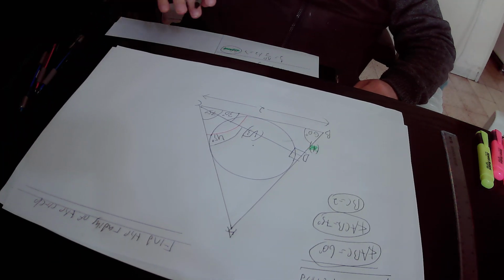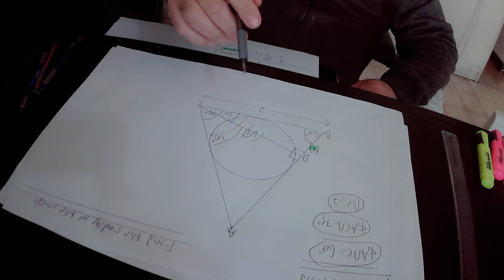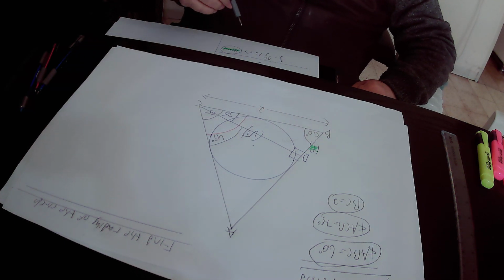In the next step, I will copy the right triangle ADC in a new page and analyze it.